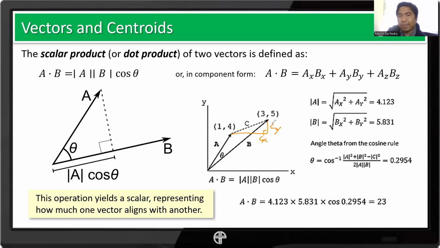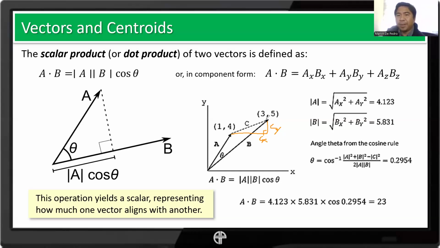And then how do we solve for CY? Just take the vector sum of AY and BY. AY is 4, so 4 squared, plus BY is 5, so 5 squared. 4 squared is 16, 5 squared is 25, so add them together, take the square root, and that's CY.